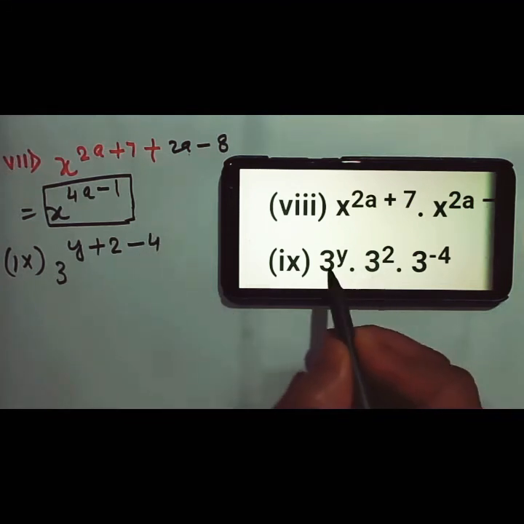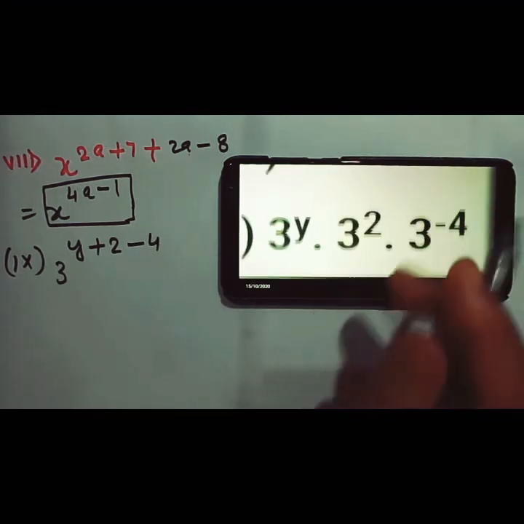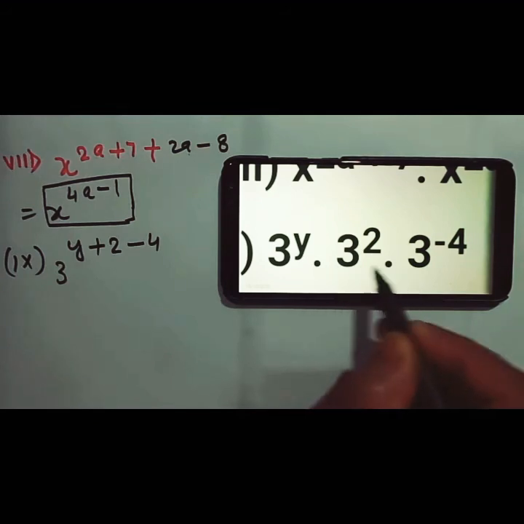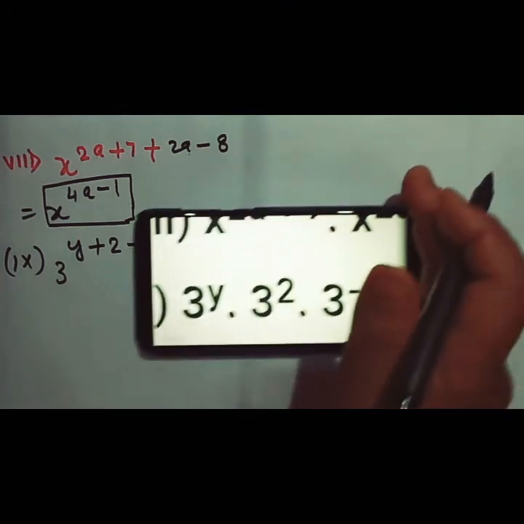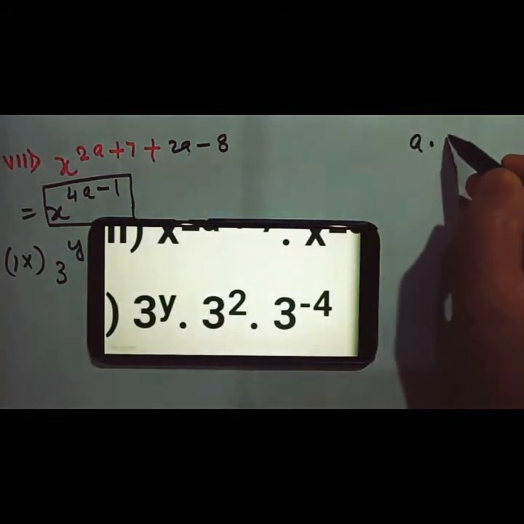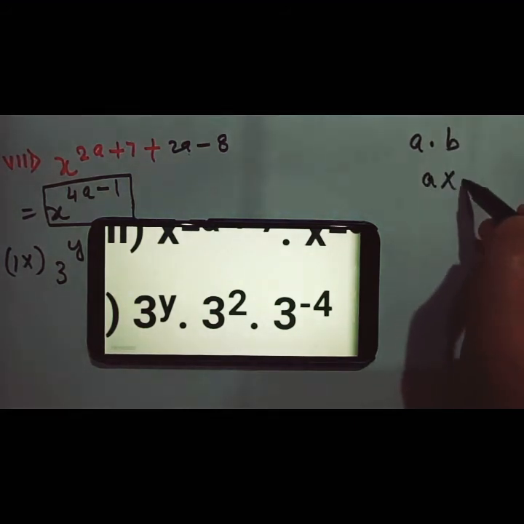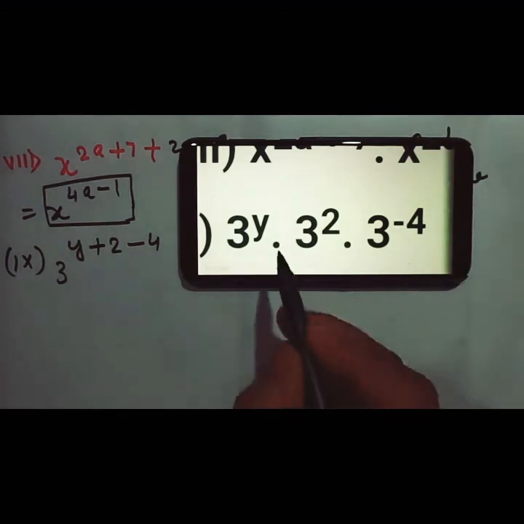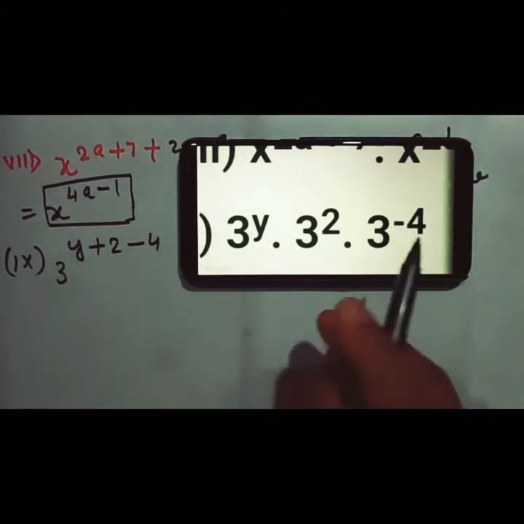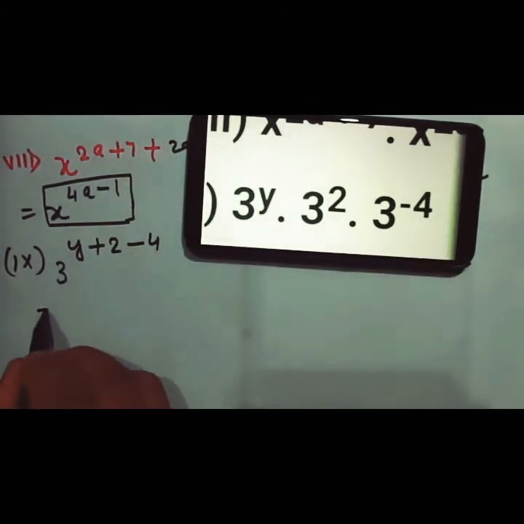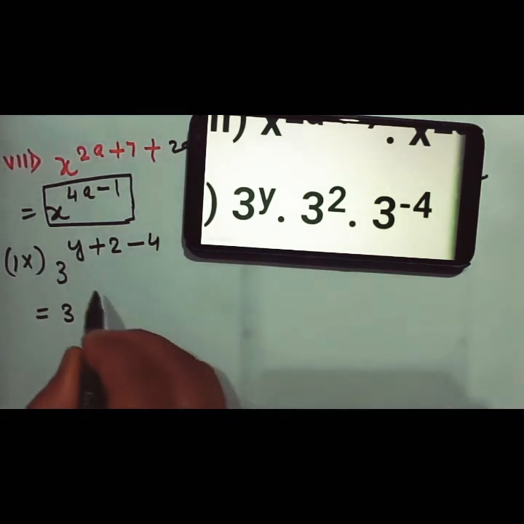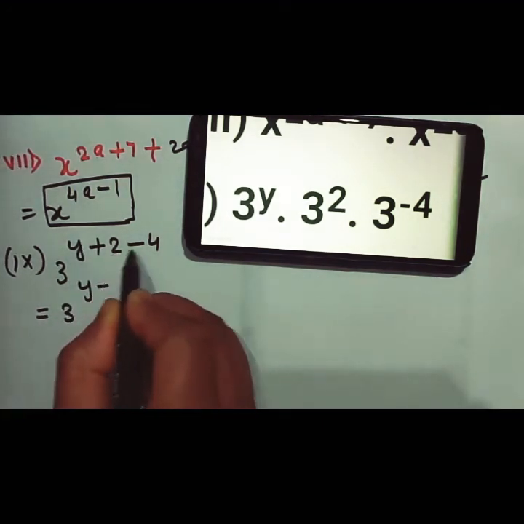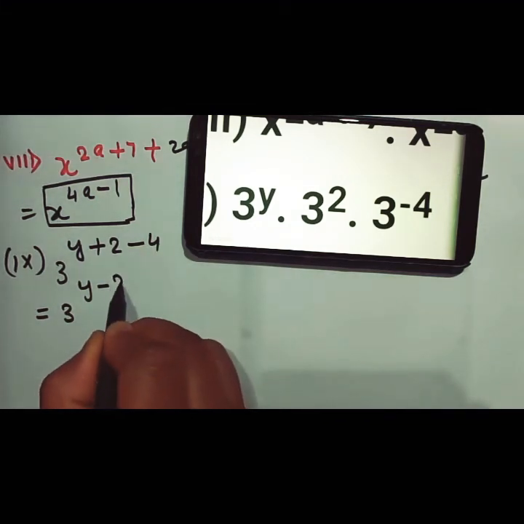Why? Because all of them are in multiplication. This dot symbolizes multiplication. When you are given a dot b, this means a multiplied by b. Hence, we have added all the exponents and finally we get the solution: y plus 2 minus 4 is equal to y minus 2.